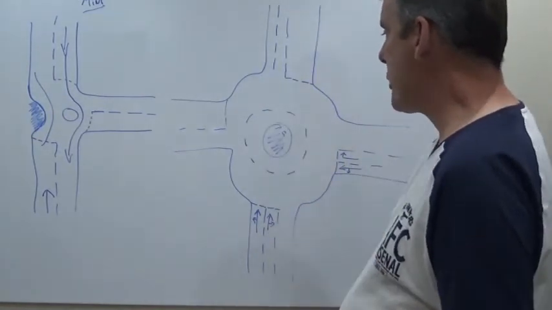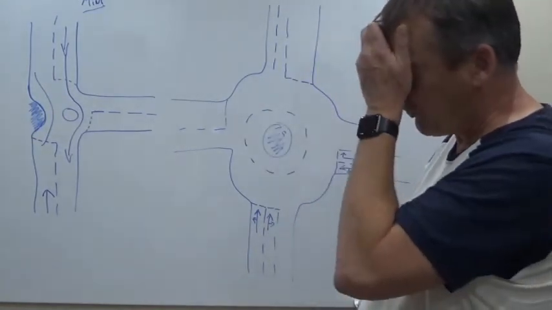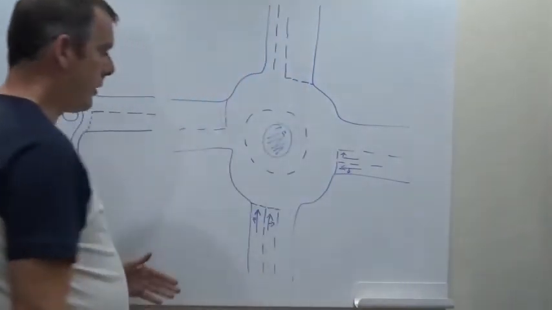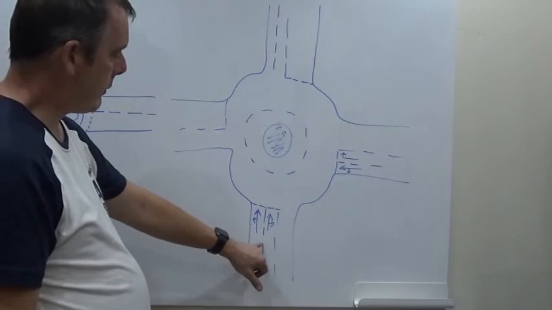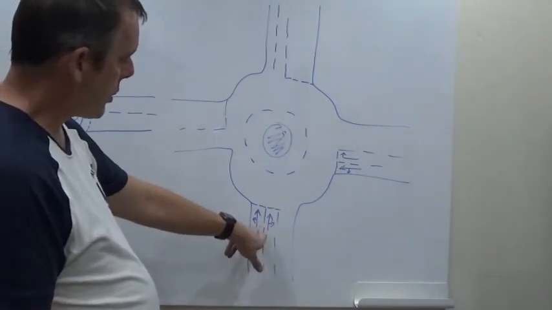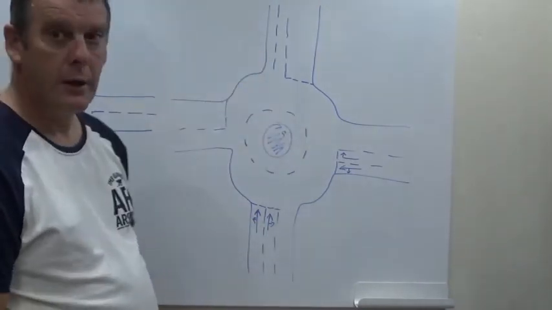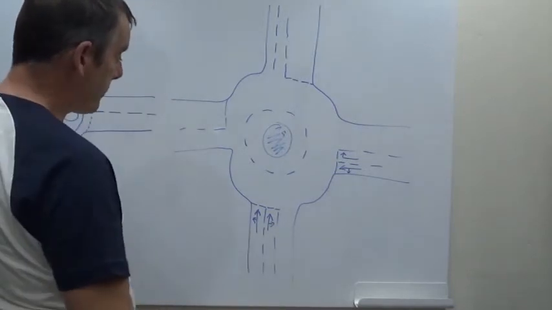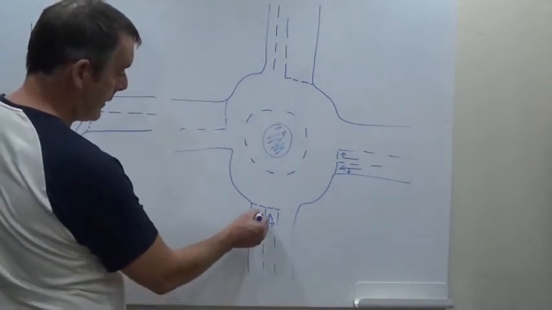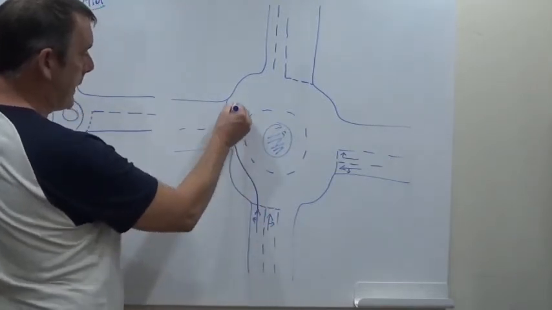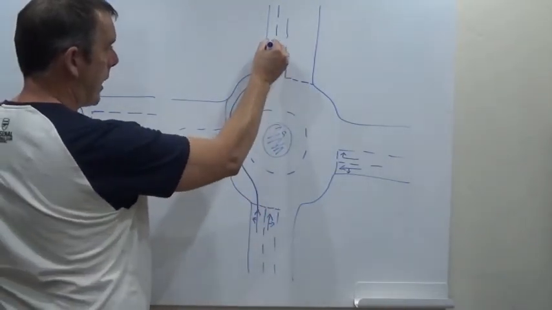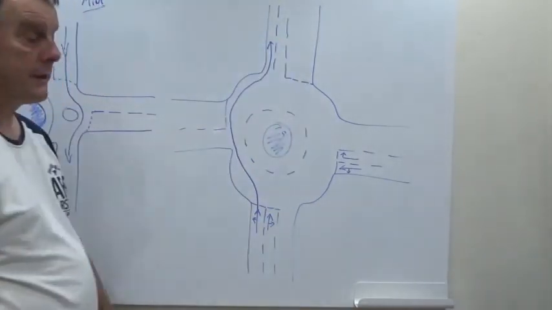Looking at a larger roundabout, one of the things I want to bring your attention to is positioning. Here we've got 2 lanes that can take the road ahead. If we are taking the road ahead in the left-hand lane, we approach onto the roundabout keeping in the left-hand lane and we come off in the left-hand lane.